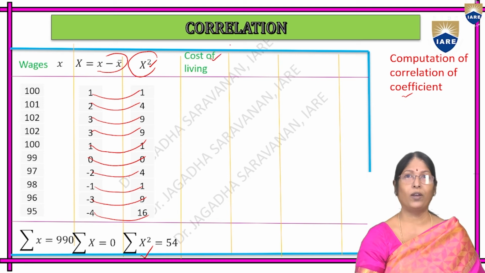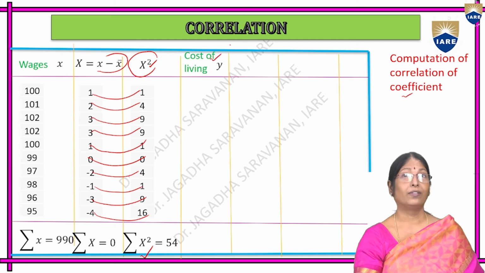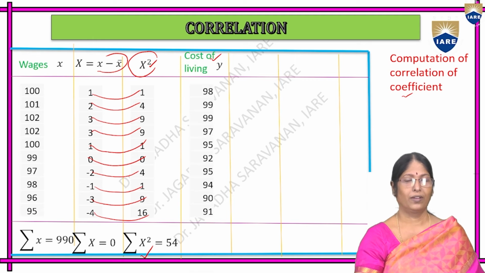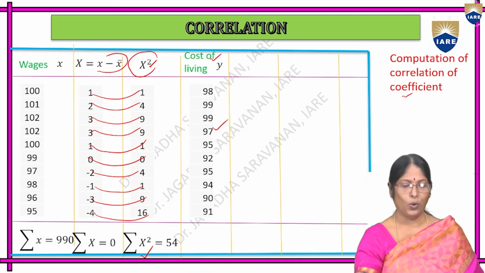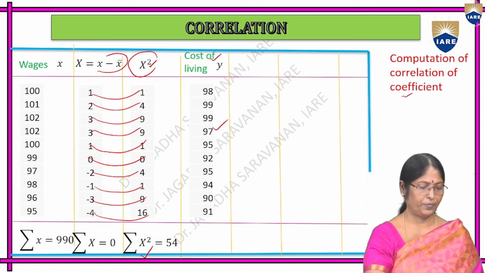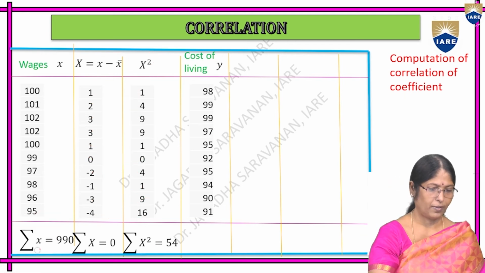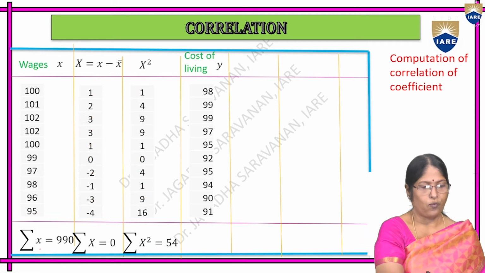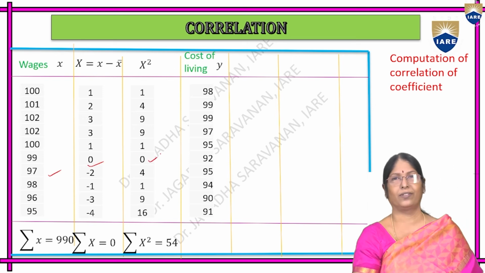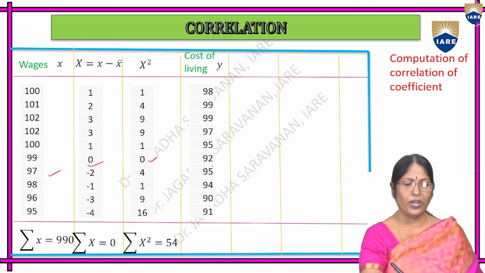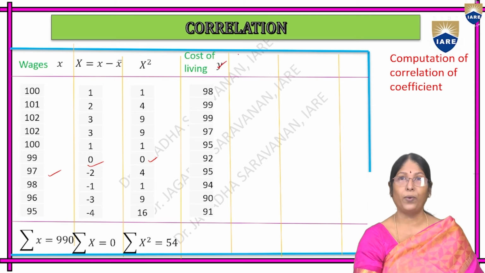This is another variable given in our question, which we are assuming as y. So what is the data given under cost of living, written here? For these 3 columns, we are going to do the same for cost of living, which we assumed as the variable y.